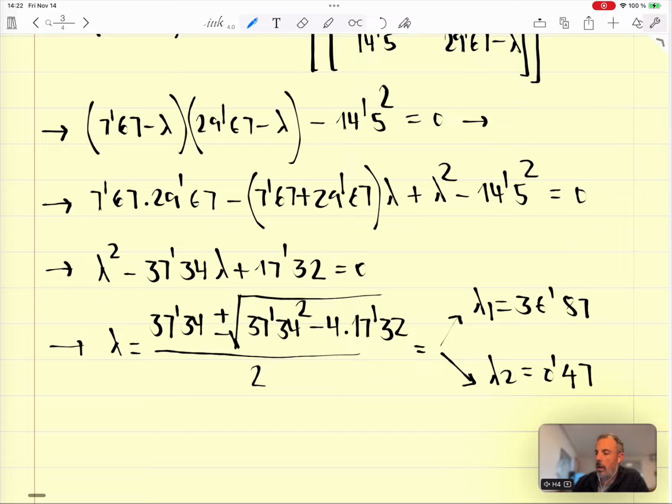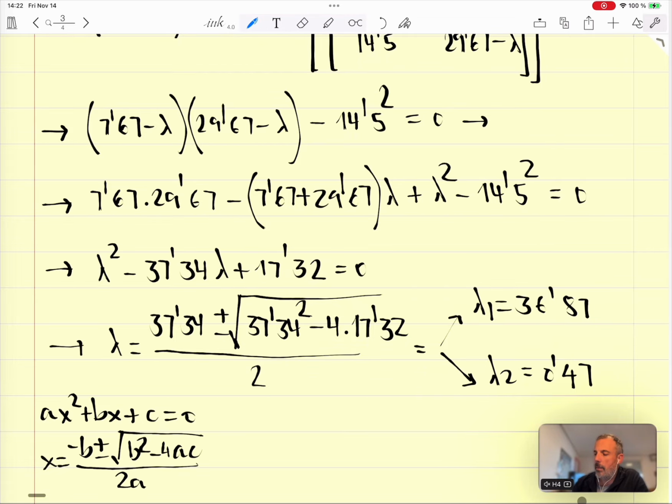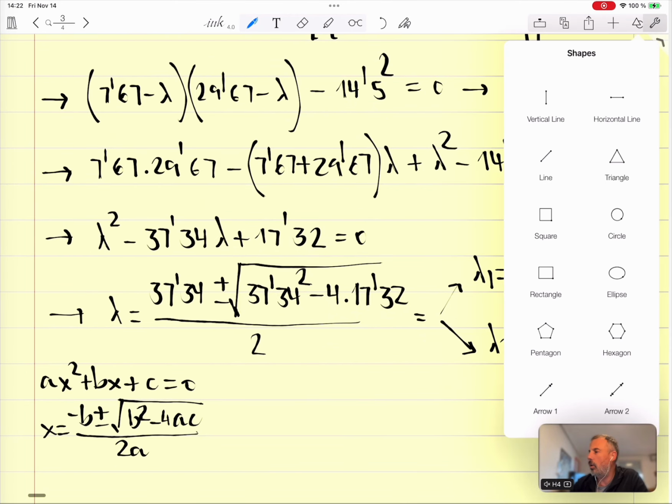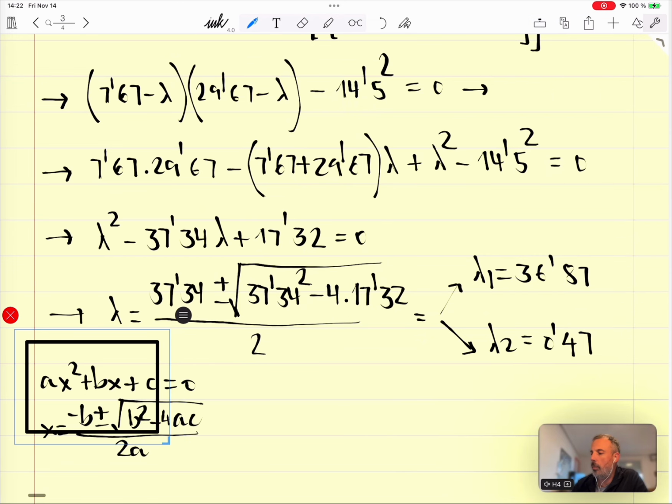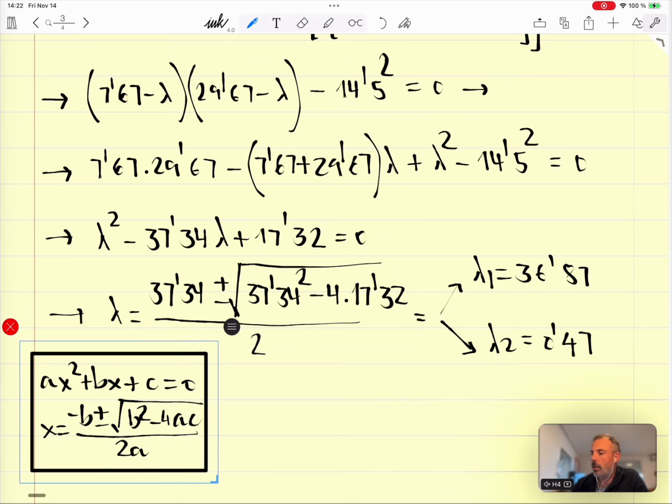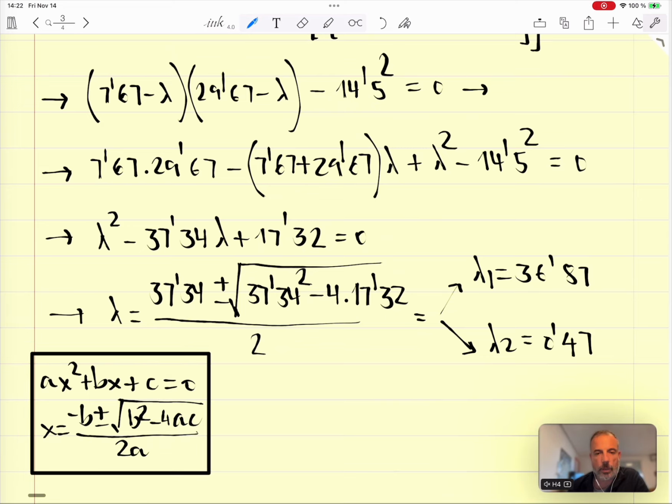If you have ax squared plus bx plus c equals 0, x is minus b plus minus the square root of b squared minus 4ac, divided by 2 times a. This has been known for a long time already to you, I hope. This you have to know, actually. Okay, so far any questions?